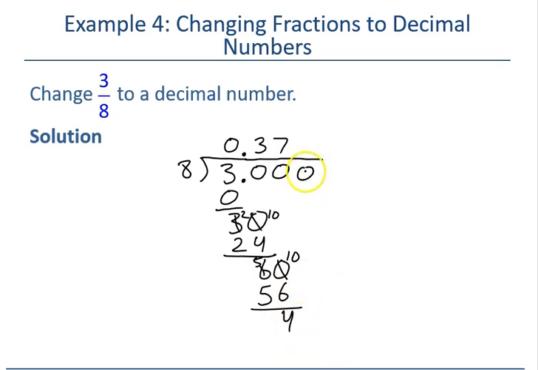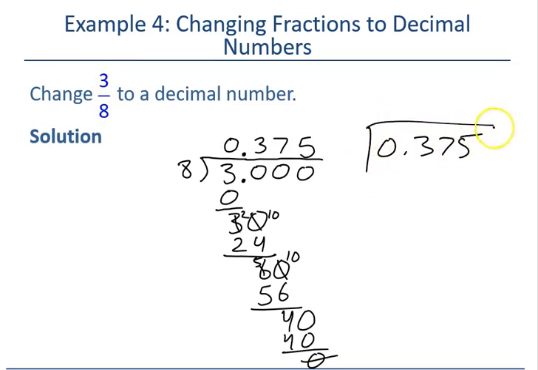Let's add another 0, bring it down. How many times will 8 go into 40? It'll go in exactly 5 times. 5 times 8 is 40, giving me a remainder of 0. So the decimal equivalent of 3/8 is 0.375.